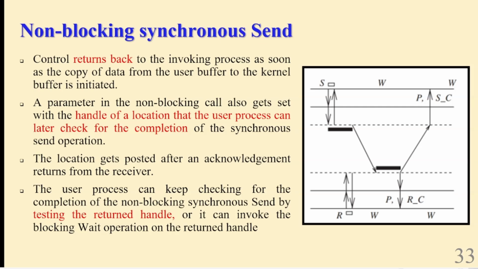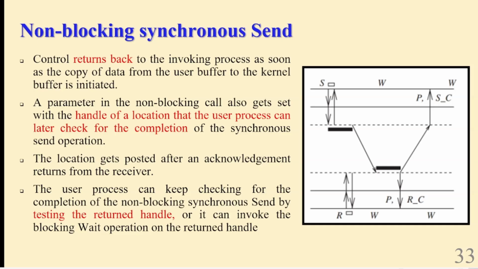The program can check this later, or it can call the wait function to block until it's done. This handle is like a tracking number for a courier. When you send a courier, you can track where it has reached. That is something we can relate to the handle. That is about non-blocking synchronous send.